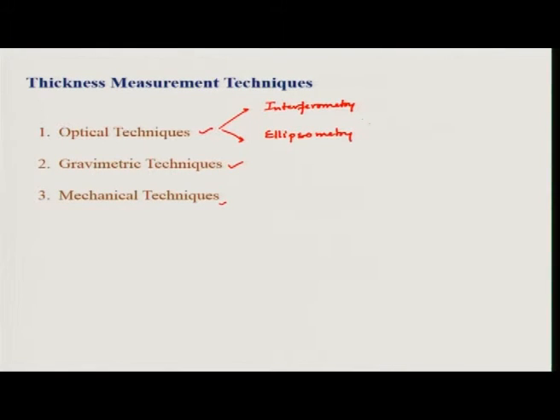We will discuss these two methods and the techniques within them. We will discuss the gravimetric technique and mechanical techniques, how to measure the thickness of thin films, and which technique to use for what kind of material and in what situations. First we will discuss optical techniques by interferometry.